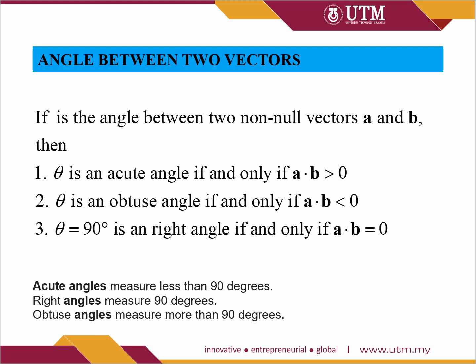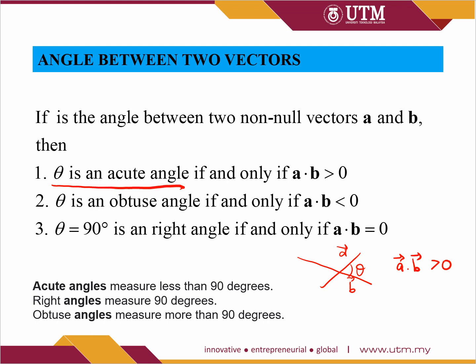Let's say we have found the value of A dot B. We can check the angle between the two vectors, here is vector A and this is vector B. If we calculate A dot B and it is greater than 0, then theta is an acute angle, meaning the angle between these two vectors is less than 90 degrees.